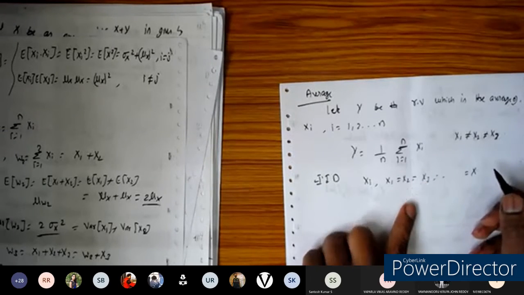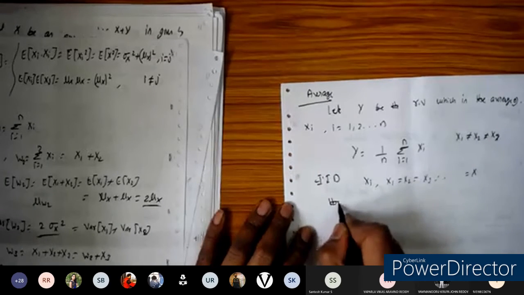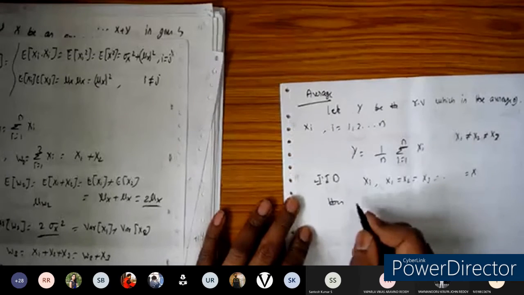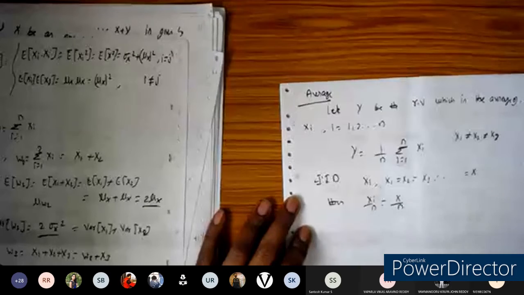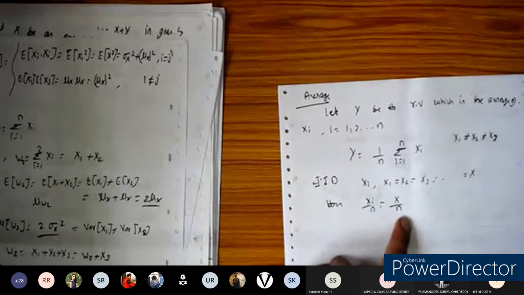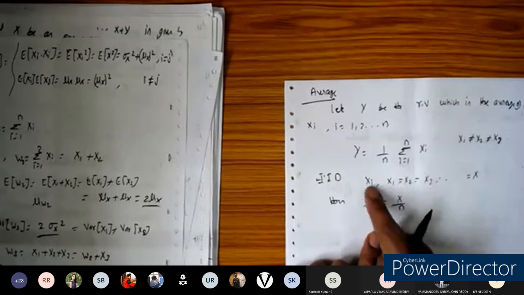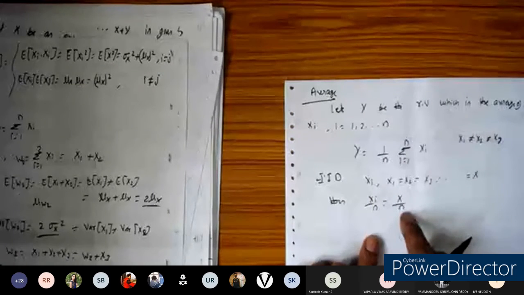Then xi divided by n can be taken as x by n here, since i is equal to 1, 2, 3, and so on up to n.